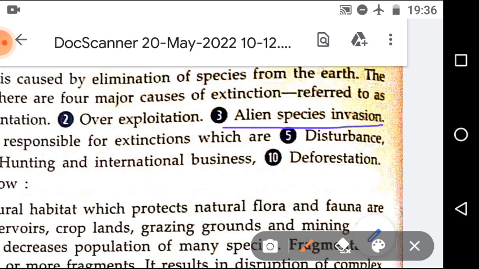Normally alien species invasion is indirectly caused by human beings also, like the parthenium. You know the parthenium plant, a small white plant, which can cause respiratory problems if you are near it for a long time. It also causes itching and rashes on the skin.